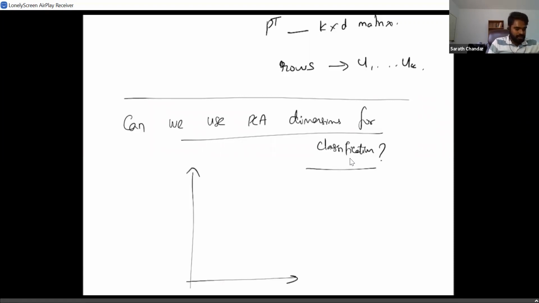Let's say I have a bunch of crosses and a bunch of circles like this. Now, what would be the first principal component for this data? Maybe we can do a poll. I will give you two options.